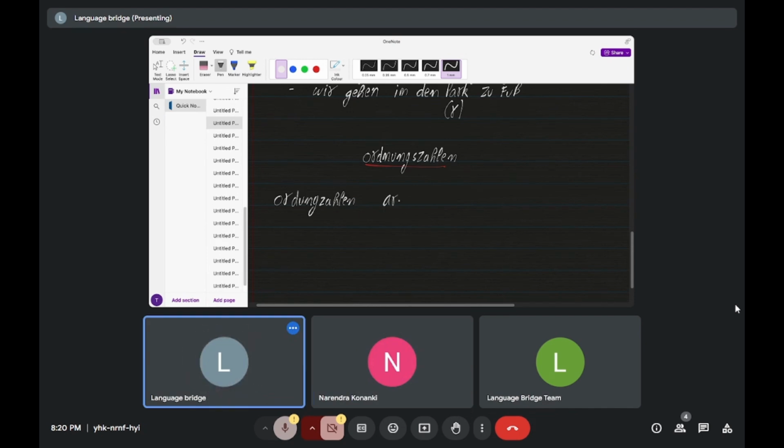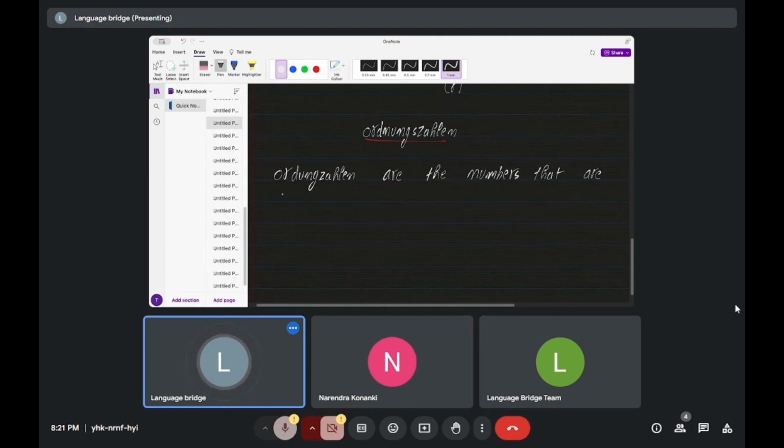Ordnungszahlen are the numbers that are used for dates, rankings, and putting things in order.